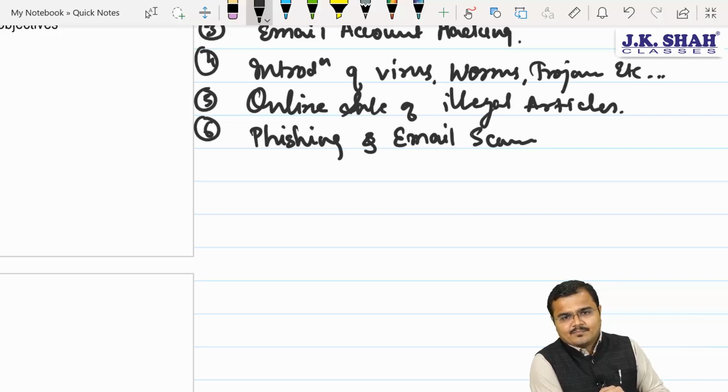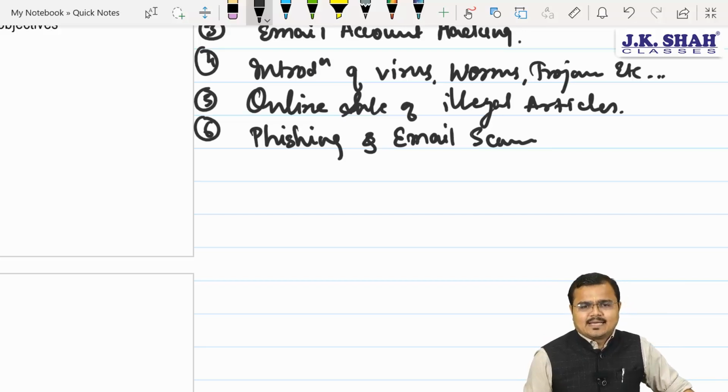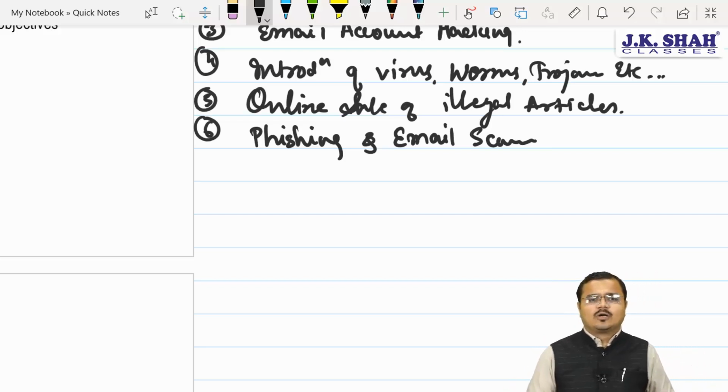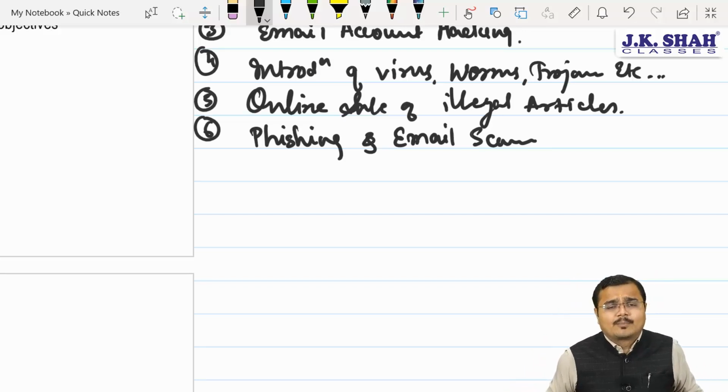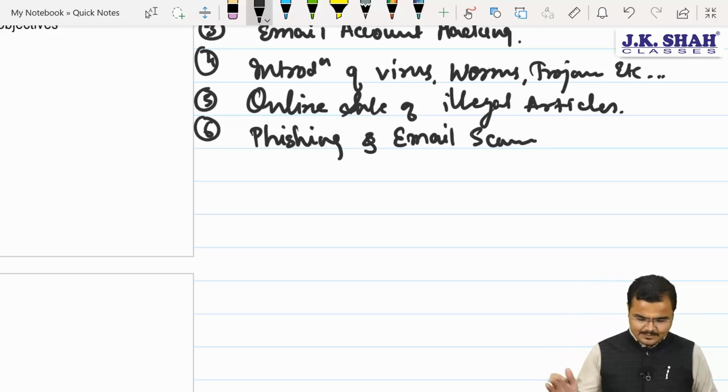Phishing is like somebody will give you messages or emails that you have won the lottery and the prize amount is ready for you. Please, in order to claim, fill the following form or provide further details to us. And they take away some confidential information from you. Agree? Yes, sir. That's phishing and email scam.